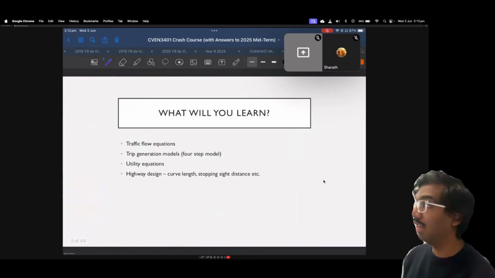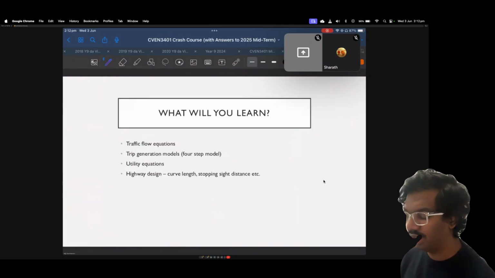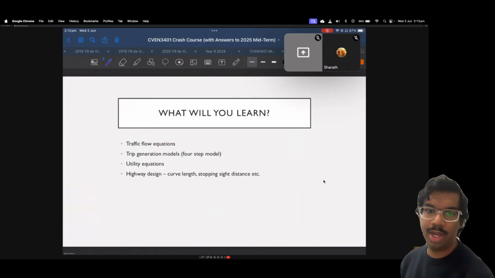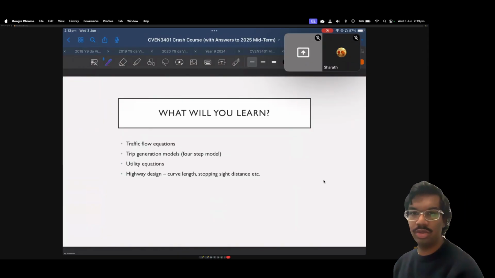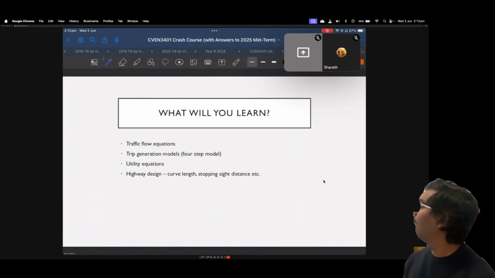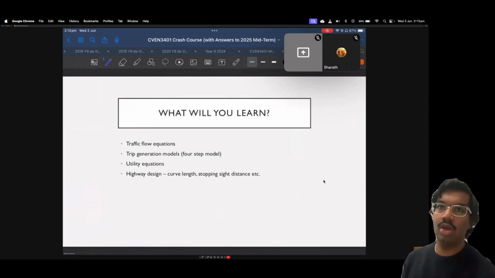So these are some of the things that we'll be learning about in transport: traffic flow equations, trip generation models, utility equations, highway design. There's a lot of things in this course, so it's probably easier for me to just go through the content. It really is an introduction to transport. It goes through everything.